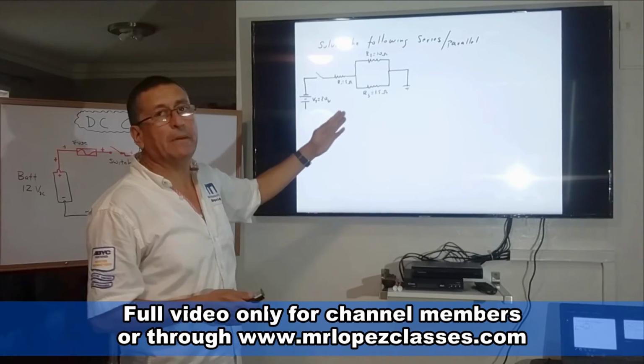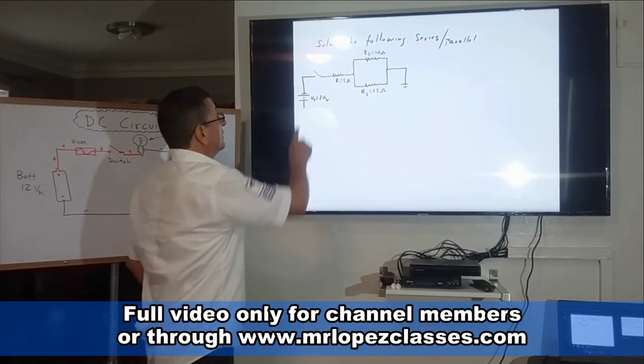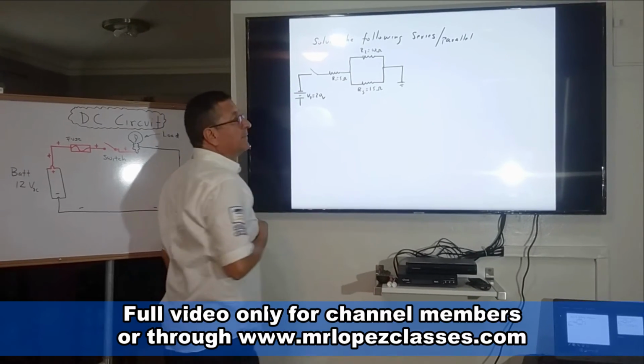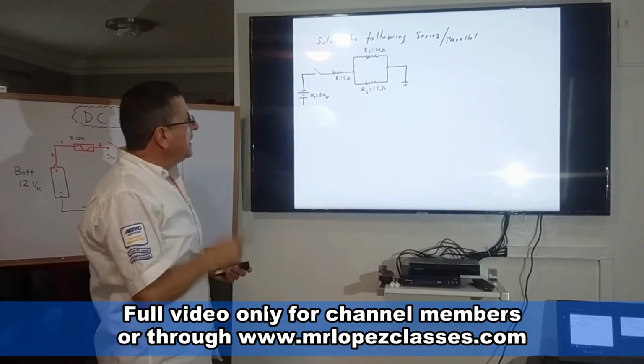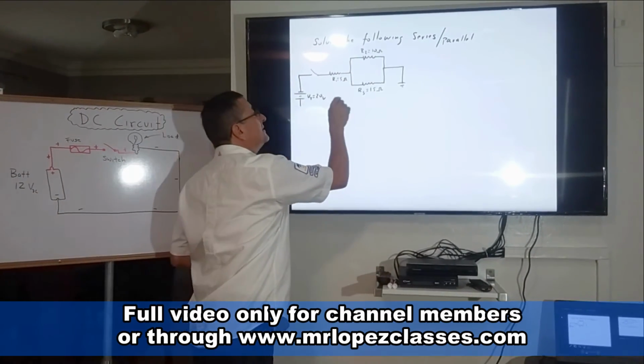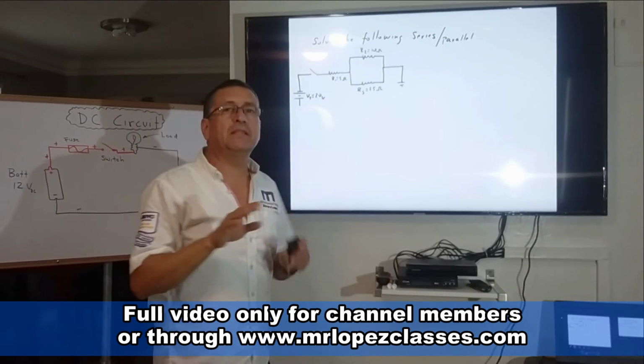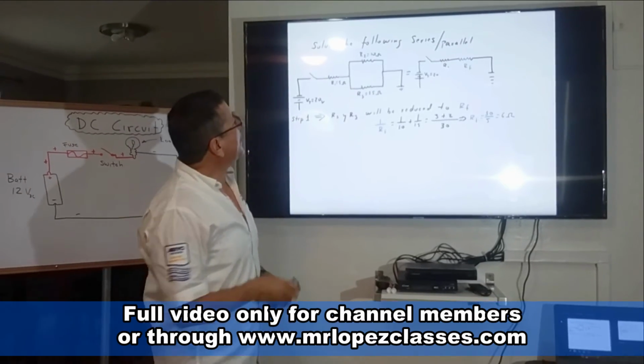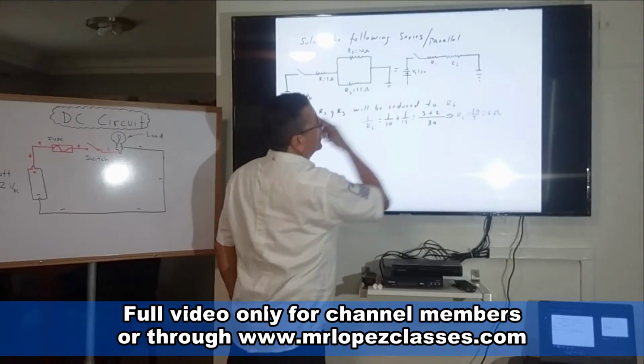This is series and parallel. Yes, because this one is in series with this, and this is a parallel. In other words, I can convert this circuit into another circuit that is full series, like this. I can convert this one into this one.